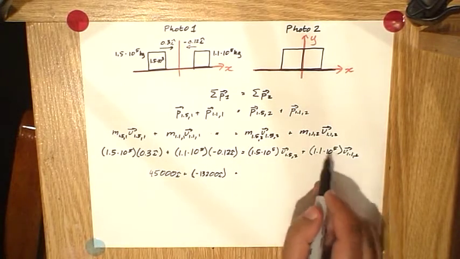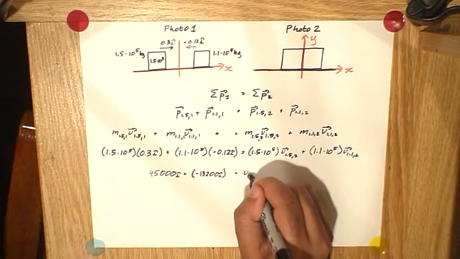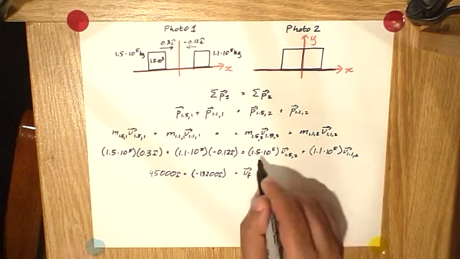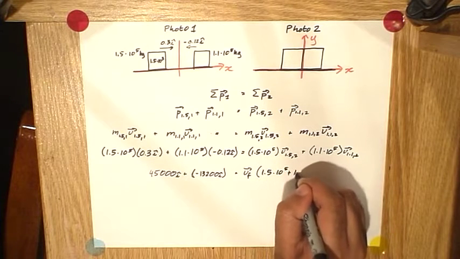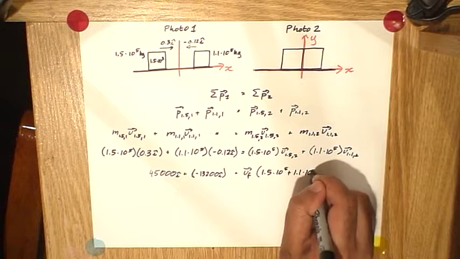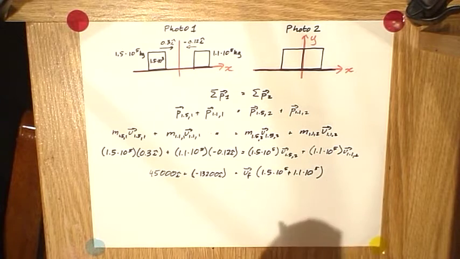And this velocity I'm going to factor out. That's going to be my v final, and I have 1.5 times 10 to the power of 5 plus 1.1 times 10 to the power of 5 on this right side.